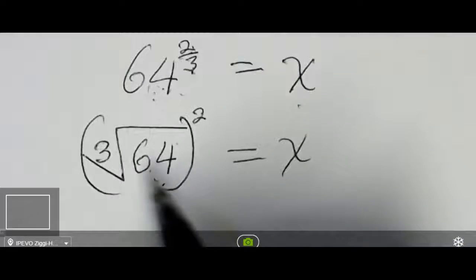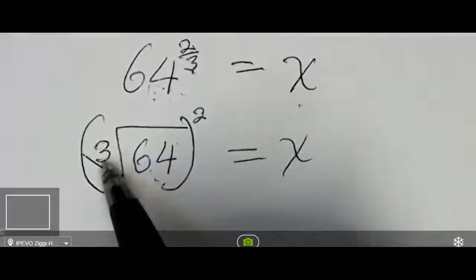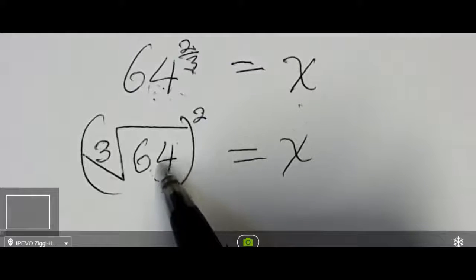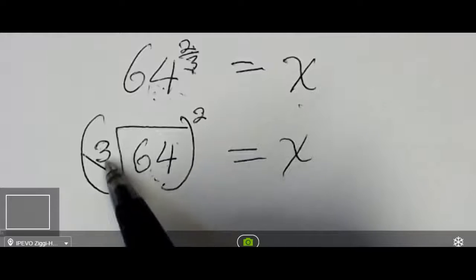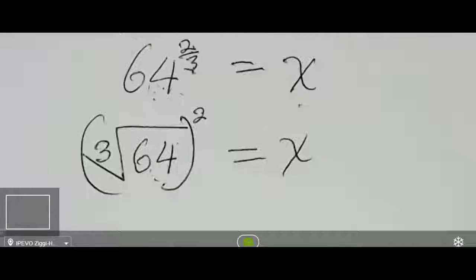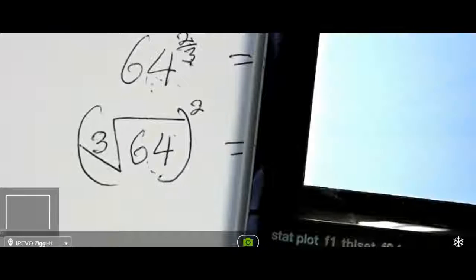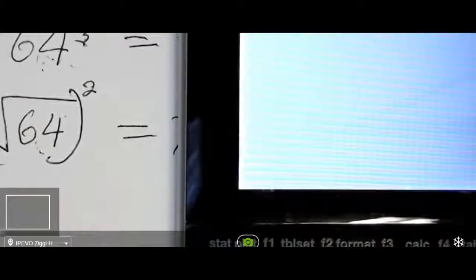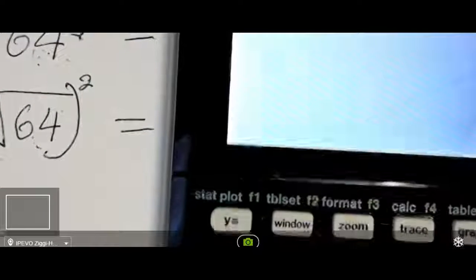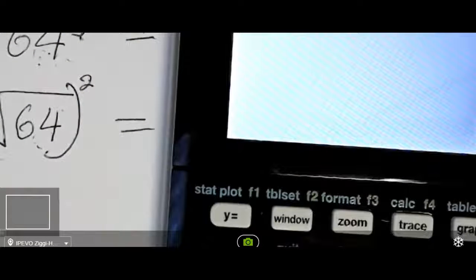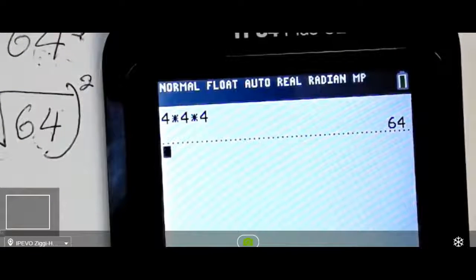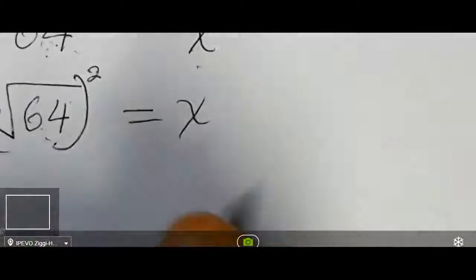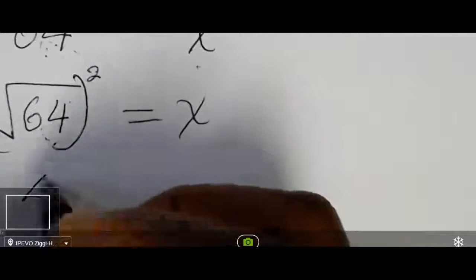Okay. So what's the cube root of 64? What can multiply itself 3 times and get 64? Okay, we can use our calculator. I think it's 4, but let's try. So 4 times 4 times 4, multiply 4 3 times, that's it. 4 times 4 times 4 is 64, so we can make this to be 4.